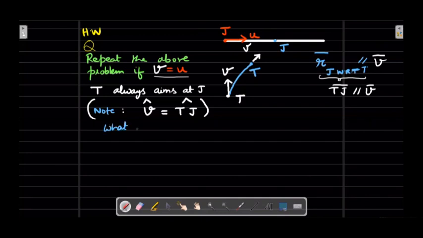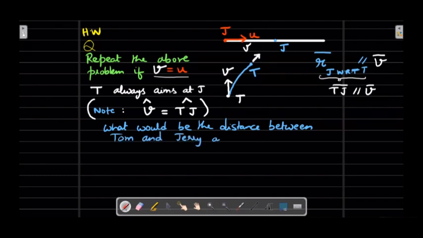So the question is, what would be the distance between Tom and Jerry after a long time? Okay, we know it can't catch it because v equals u. That long time will be infinite time. In that long time, we expect that Tom reaches this line, but Jerry will be ahead.